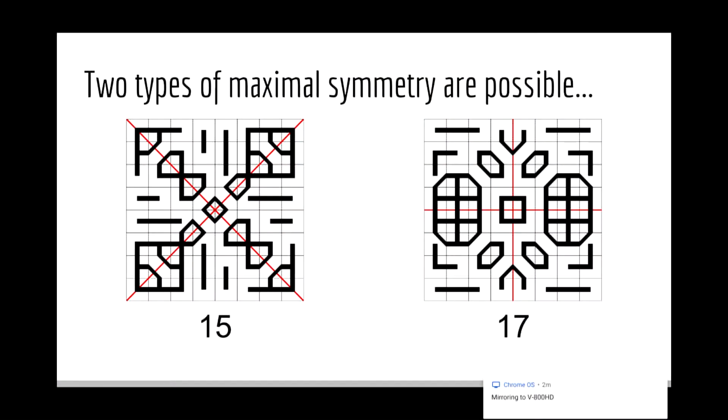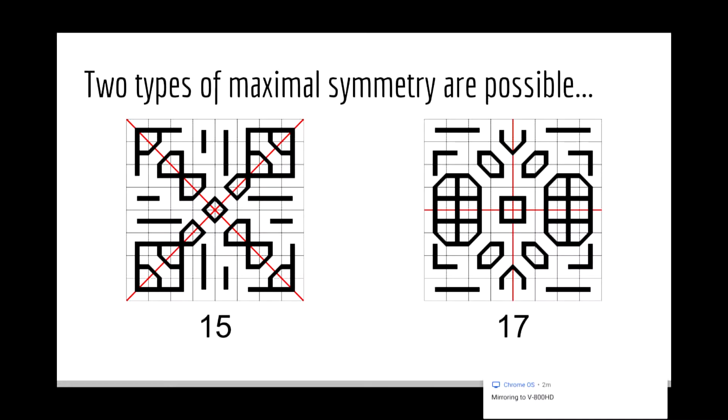Okay, there are 2 ways you can make a sort of maximally symmetric solution. I had always been working with orthogonal symmetry because it has the advantage you take 1/4 of the tiles, you solve that, and then the other 3/4 of the puzzle are solved for you. But it's not the only form of a symmetric solution.